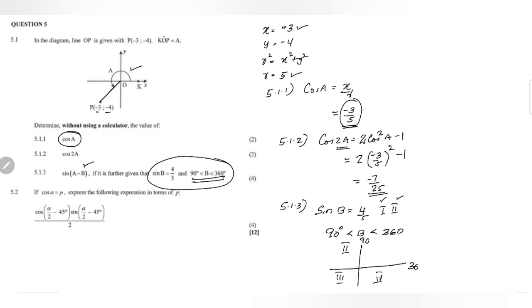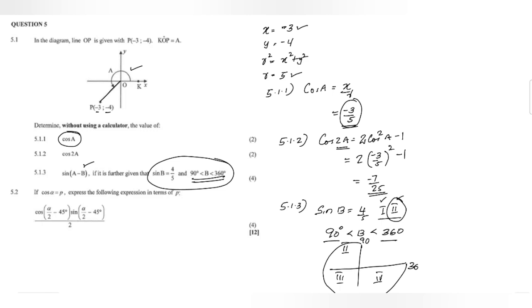These are the possibilities according to the second condition. Not the first quadrant, because it starts from 90 to 360. Do you understand? Now compare these two conditions and check which one is common. Second quadrant, isn't it? Which means angle B is in the second quadrant.